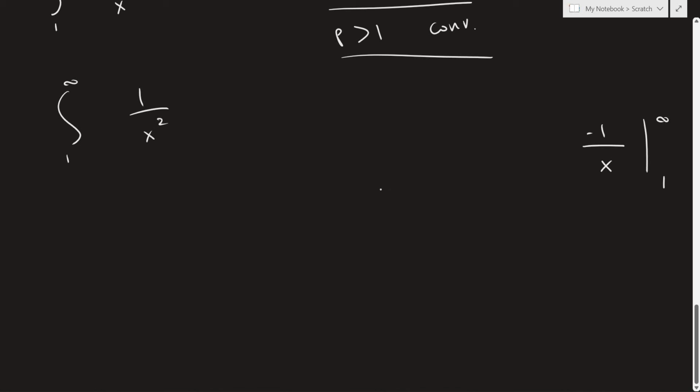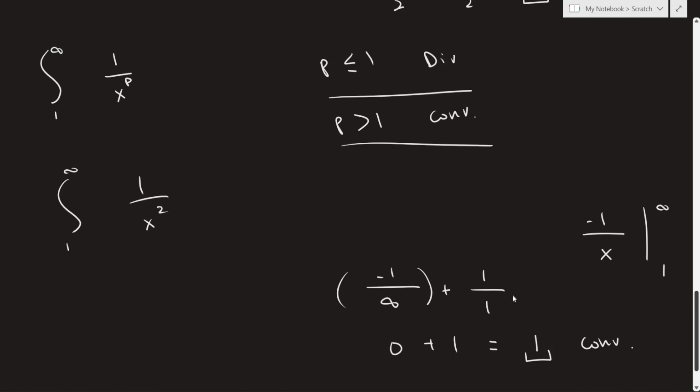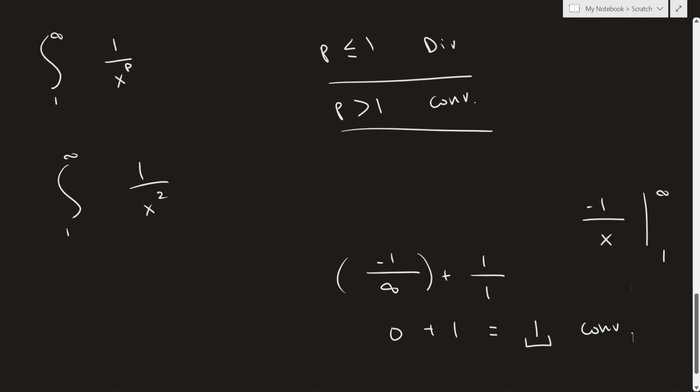So first of all, we replace infinity, which will give you negative 1 over infinity, which is 0, minus negative 1 over 1. So minus minus will become plus 1 over x, which is 1. So 0 plus 1 is 1, which is convergent. So this proves the rule. All right. So next question.